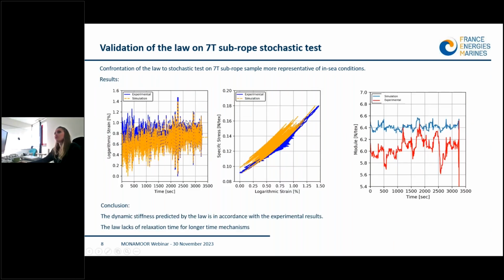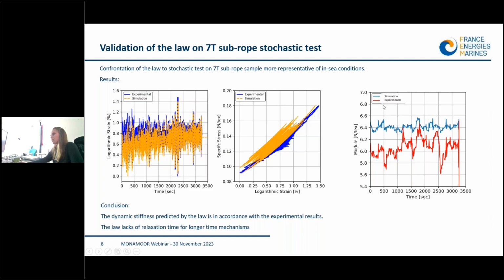And so here is the confrontation of this simulation with the experimental data we had. In orange, it's the simulation, and in blue, it's the experimental result. Here we have the strain plotted versus time, and here is the stress versus strain. On your right, we have the dynamic modulus versus time.